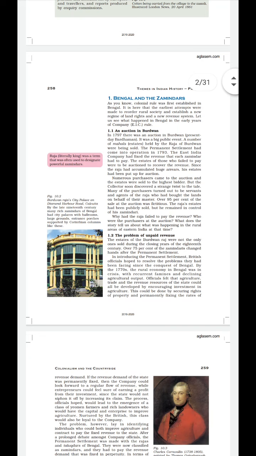Colonial rule was first established in Bengal, that is, by the East India Company. I hope you all know this. They established many new regimes of land rights and introduced a new revenue system.